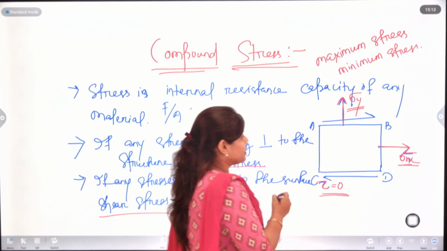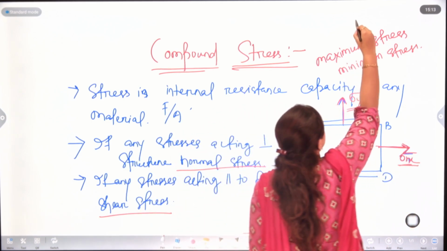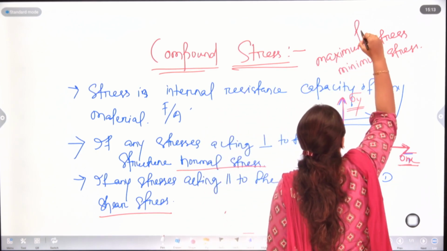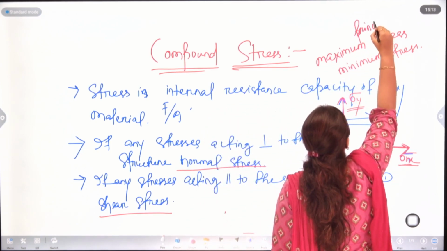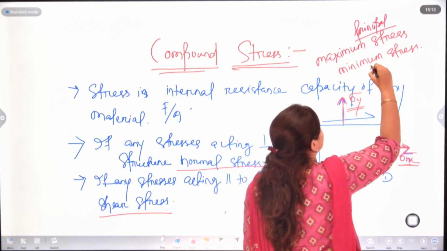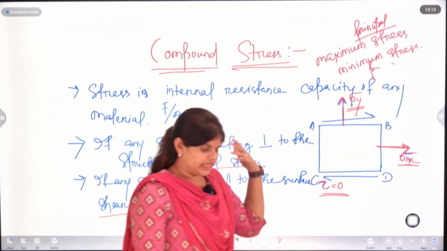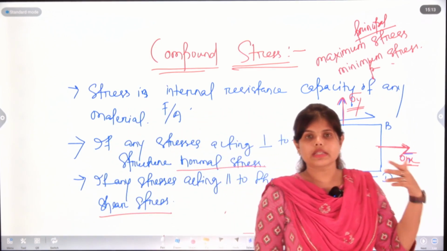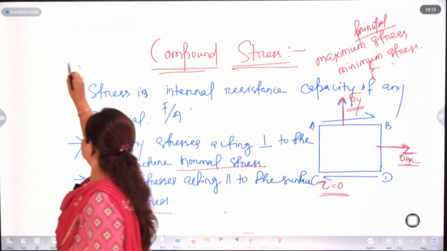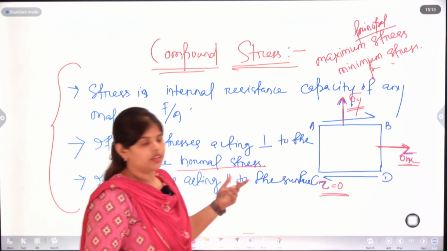If there are two principal stresses, one will be the maximum principal stress and another the minimum principal stress. We will discuss those in our next classes, but now we will discuss how these compound stresses are formed.